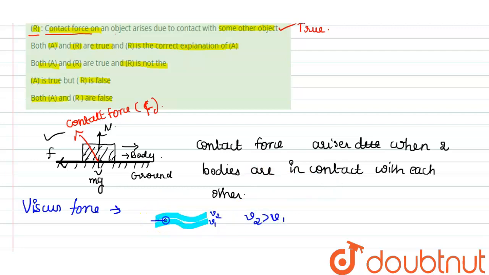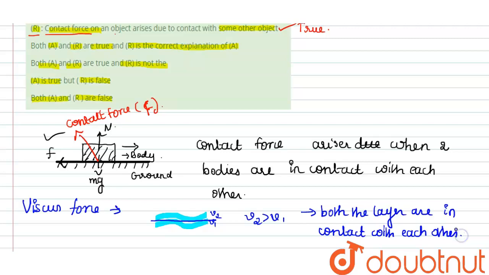This is the contact between two liquid surfaces, and the force is due to relative motion. Both the layers are in contact with each other. Hence we can say that viscous force is an example of contact forces.